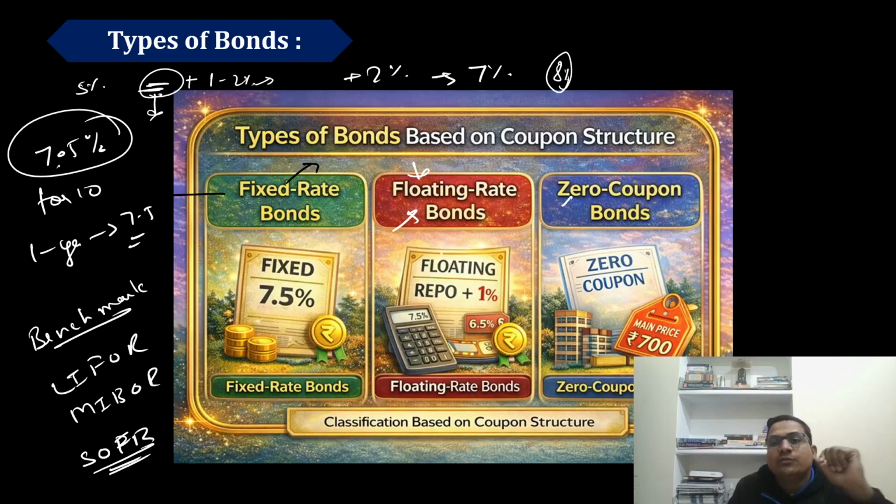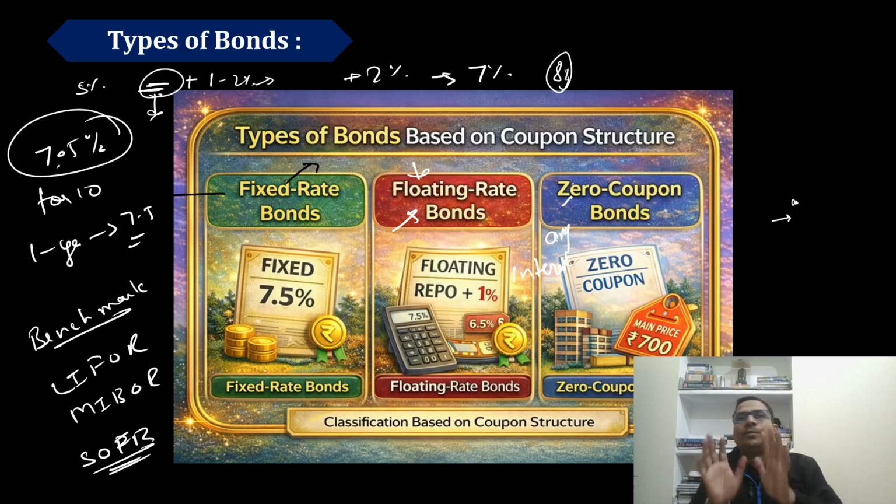Now the next type is your zero coupon bond. What is a zero coupon bond? Zero coupon means they are not going to pay you any interest. Now you will say, sir, what is the use of this bond?